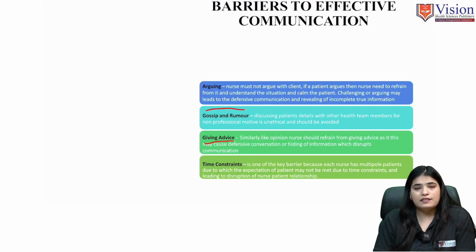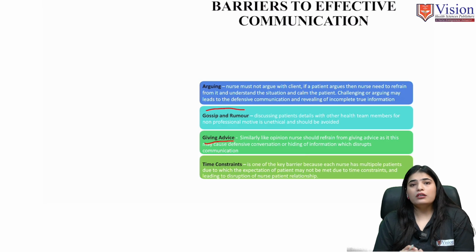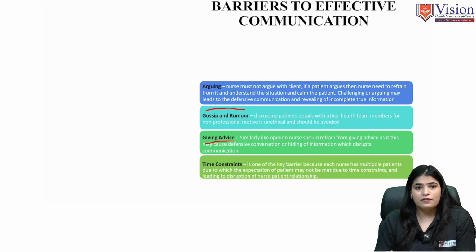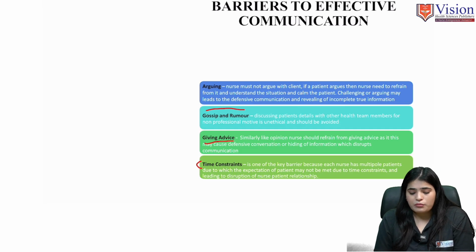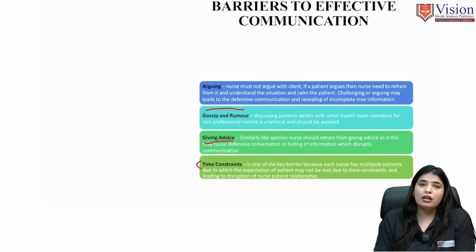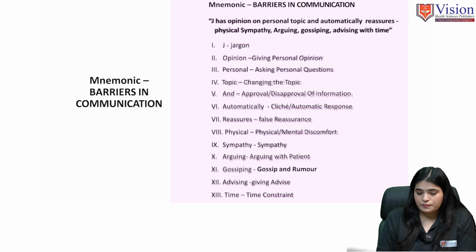Giving advice. As I told you, we are not imposing our ideas or suggestions on the patient's life. We have to refrain from giving any kind of advice. Time constraint. One barrier of communication is time constraint. There will not be enough time for the nurse-patient relationship, or not a proper time for communication, and that can also interfere with the communication.